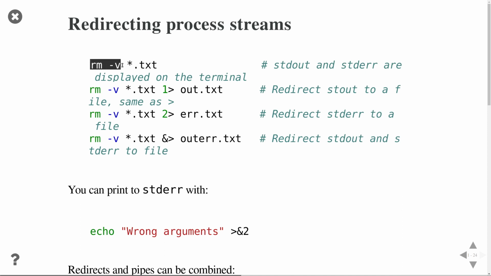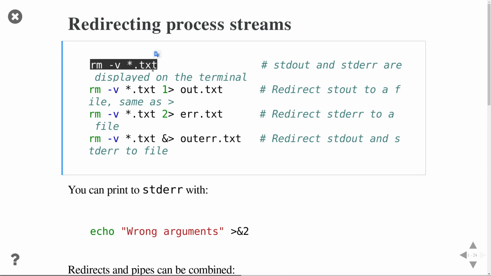If we execute this command up here, we will see both the standard output and the standard error on the terminal. So if there are any errors while we're deleting these files, we will see these errors directly on the terminal. Maybe we are interested in the output as a file, and we want to document which files have been deleted. We can do this by redirecting the standard output of that command into a file.